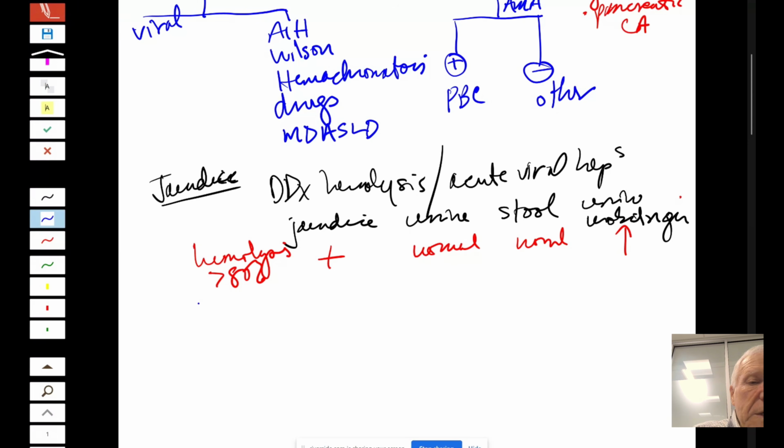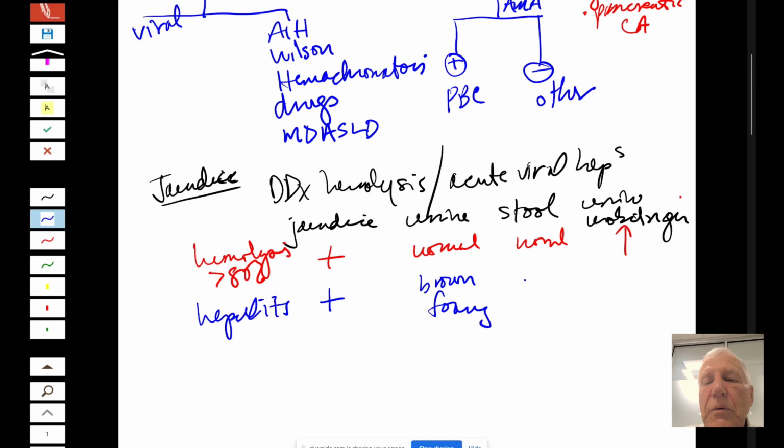That's going to be quite different. If it is hepatitis, jaundice is jaundice, so the fact that it's a mixed bilirubinemia won't change. Urine will now be brown and foamy. Your stool will be pale and chalky, and there'll be no measurable increase in urobilinogen.